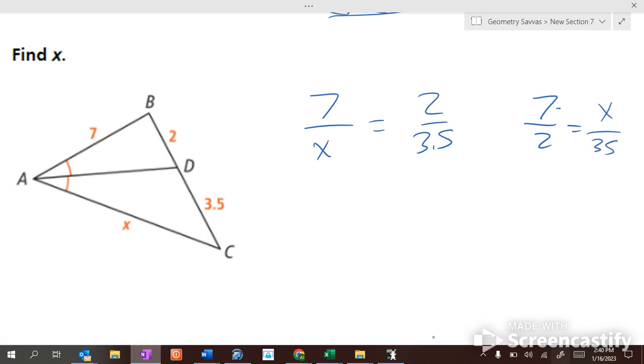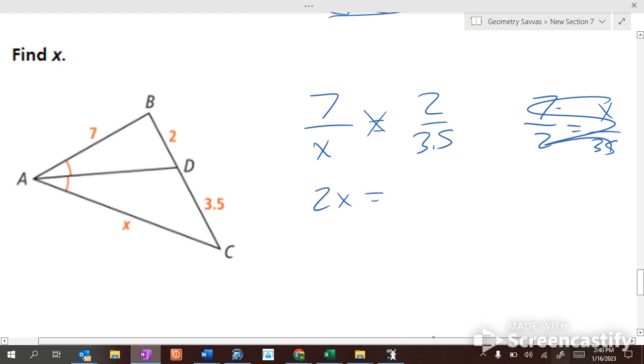Either way, you're still multiplying the same numbers times each other. The 2 is times the x and the 7 times the 3.5. So 2x equals, I don't know what 7 times 3.5 is. 24.5? And if we divide by 2, we get 12.25.